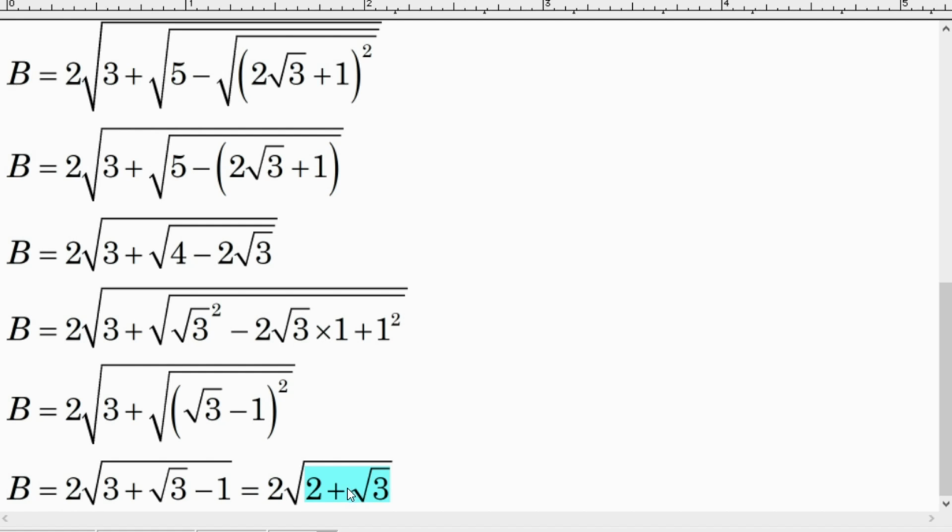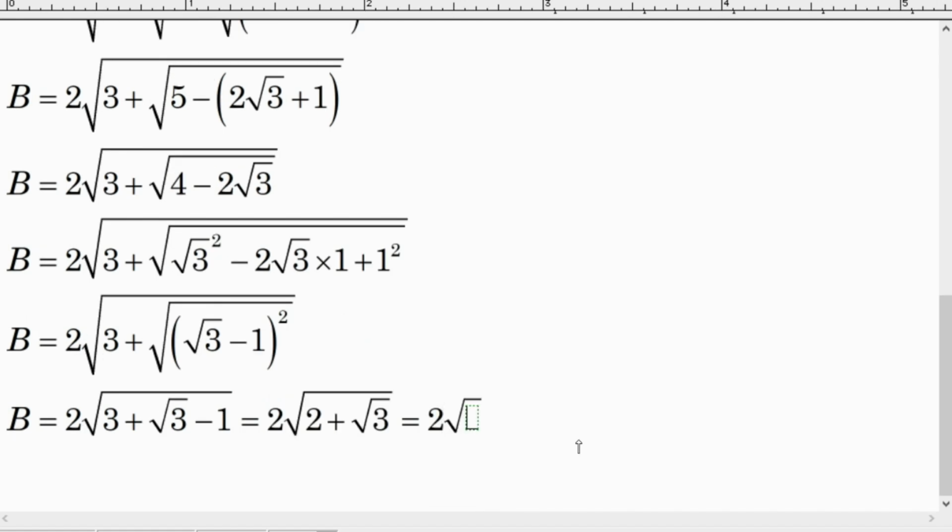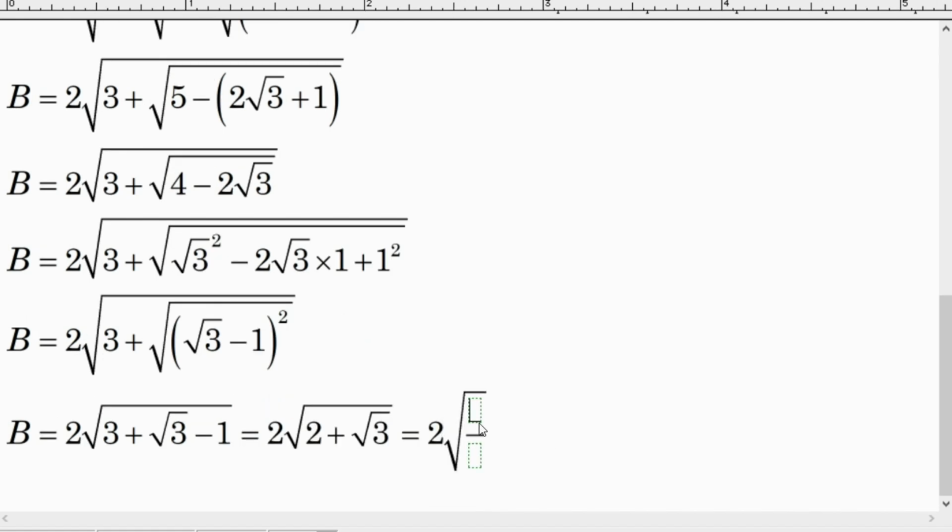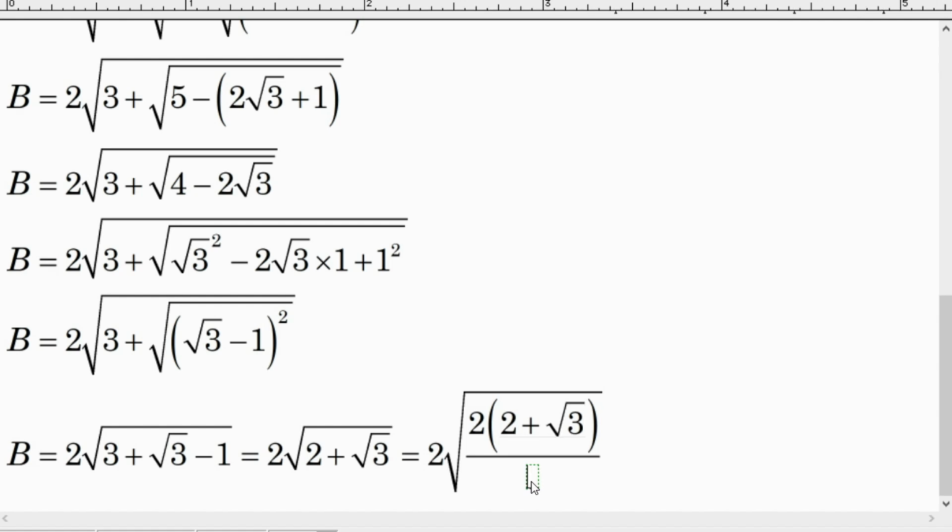Okay, so if we want to make the number under the square root to be a perfect square, we have to multiply it with 2 and divide by 2. Okay, so here's what it looks like. 2 and then square root of. So multiply the numerator here with 2 and then divide by 2.